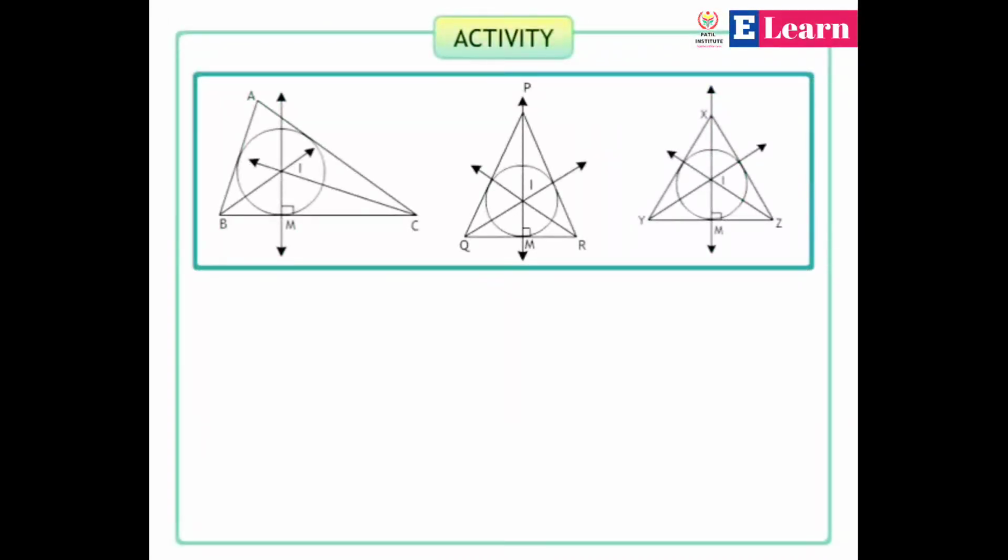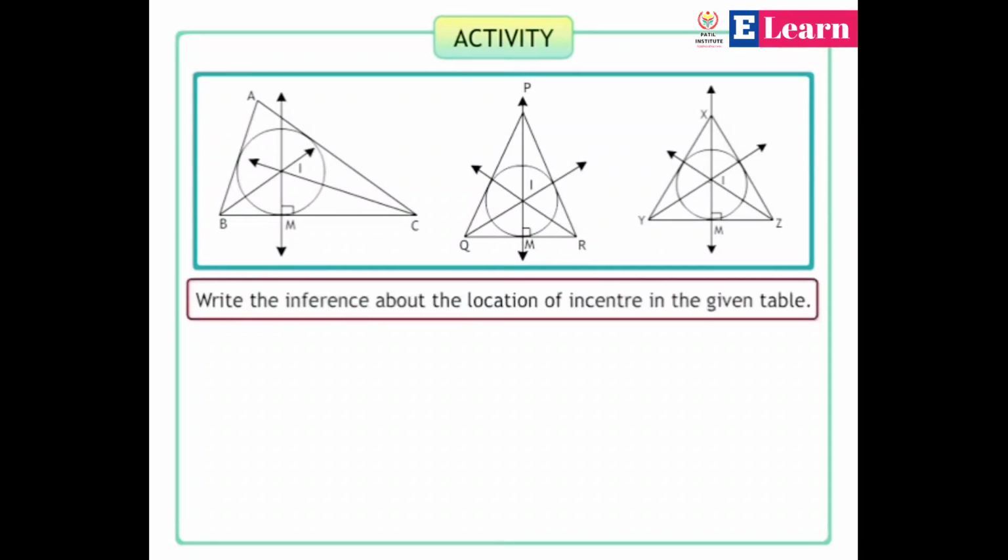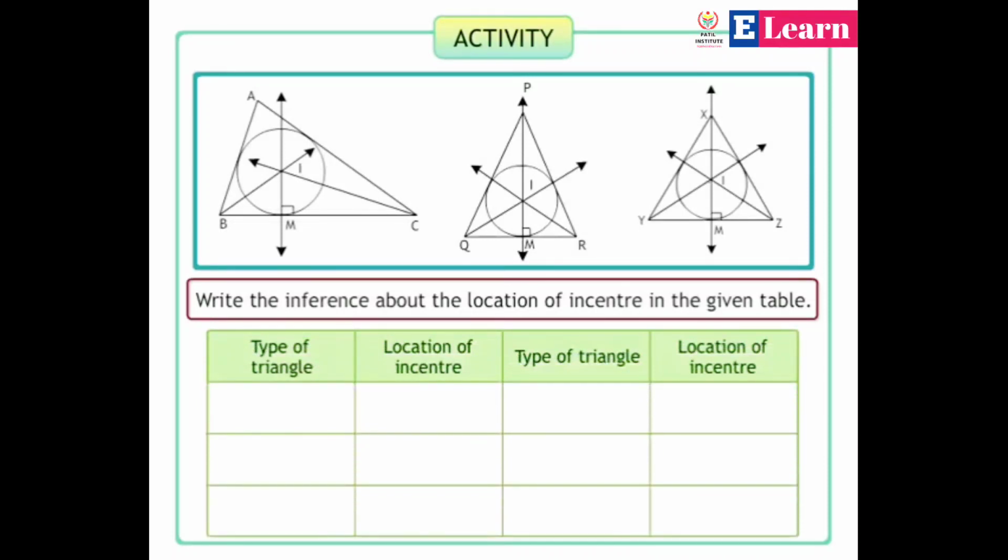Let's solve an activity related to incircle. Look at the screen. We have drawn different types of triangles with their incircles. Let's write the inference about the location of the incenter in the given table. In the scalene triangle, the incenter is located in the interior. In the isosceles triangle, the incenter is located in the interior.